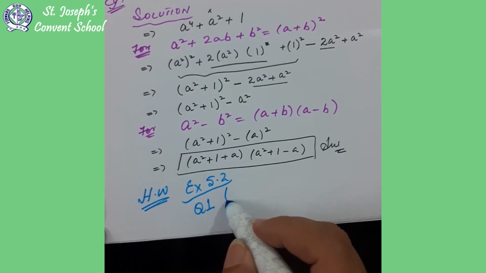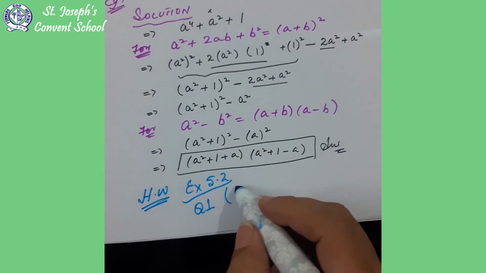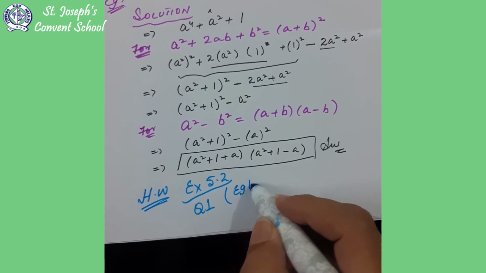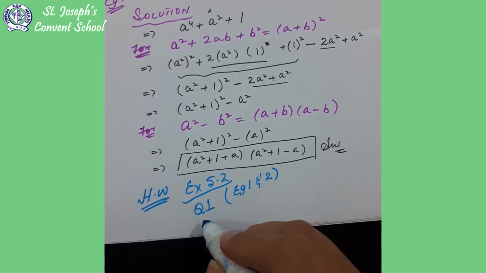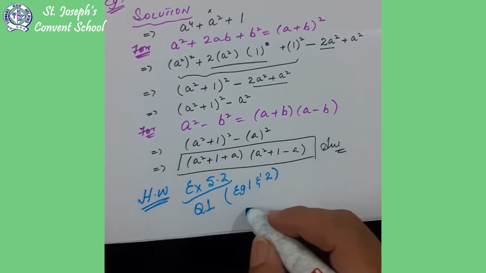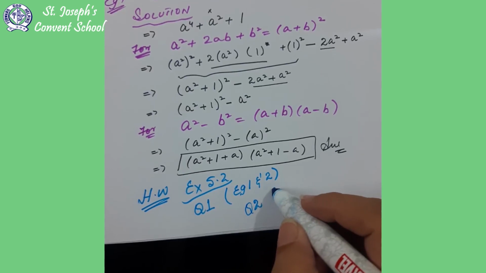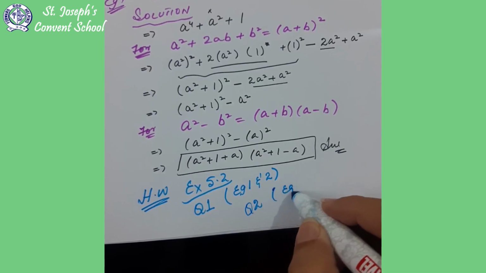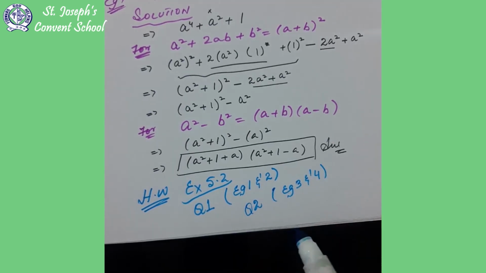There are parts given. All the parts in question number 1, you have to do using example number 1 and 2. With the help of examples 1 and 2, you will solve question number 1, and you will solve question number 2, all the parts, using examples 3 and 4. So try to complete all this.